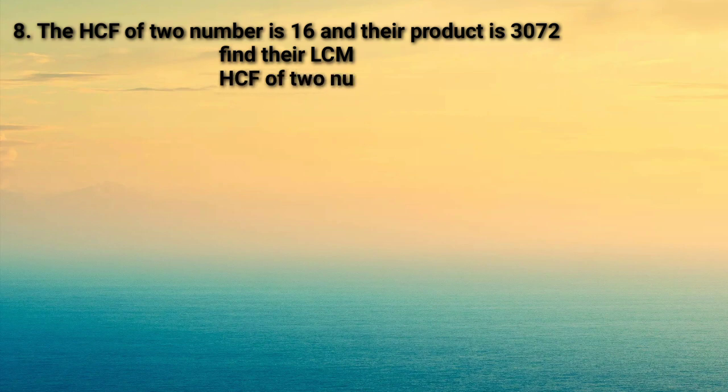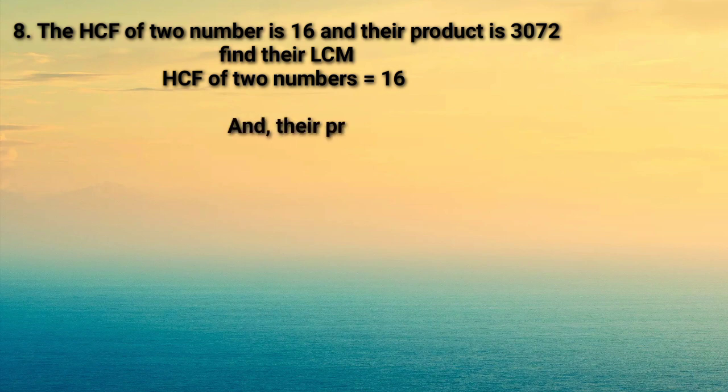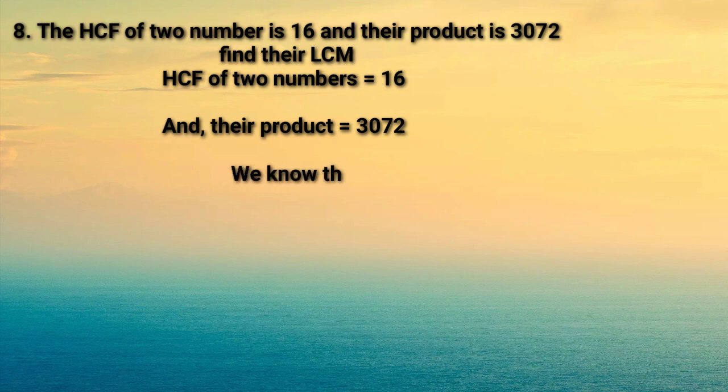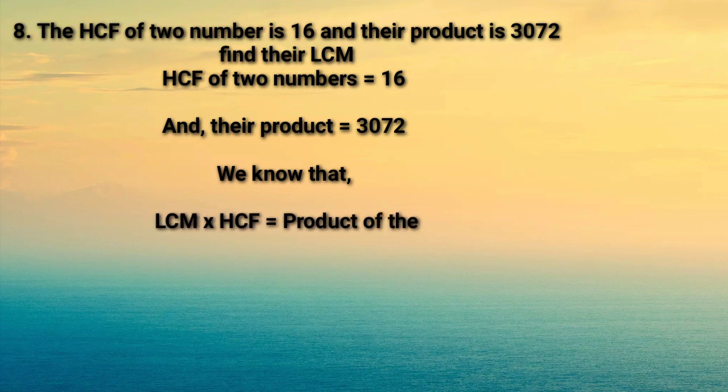Students, we know that the HCF of two numbers is 16 and their product is 3072. Now students, we know that LCM into HCF is equal to the product of numbers.